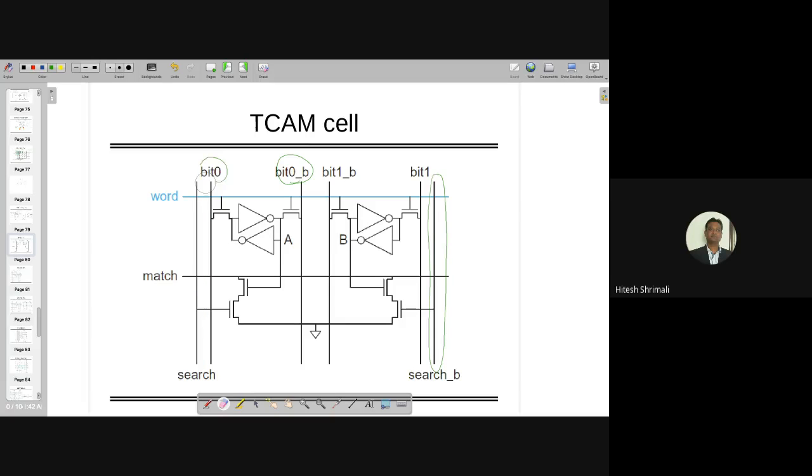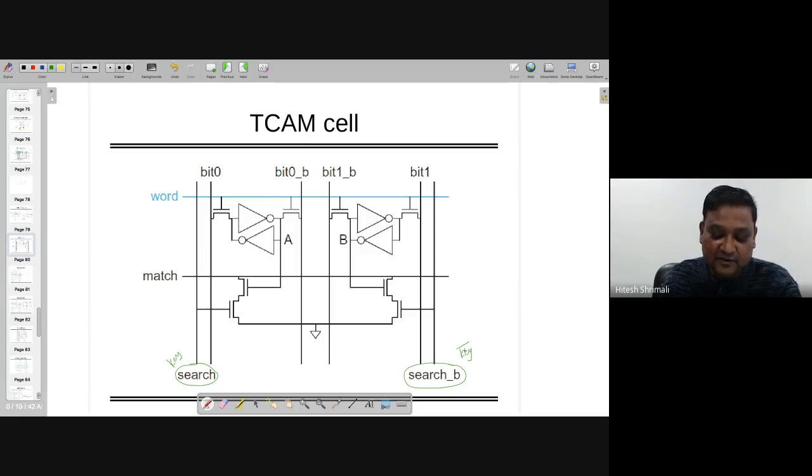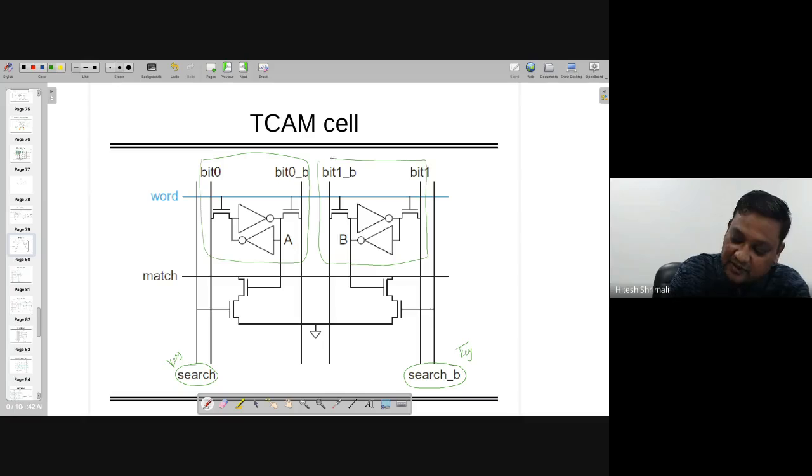Other than that, I'm adding an extra search and search bar, where I'm going to keep the key. Whatever keys are required, key and key bar will be here, where bit and bit bar are the regular ones, these two being the regular SRAMs.